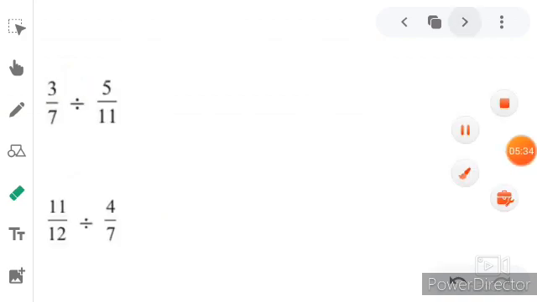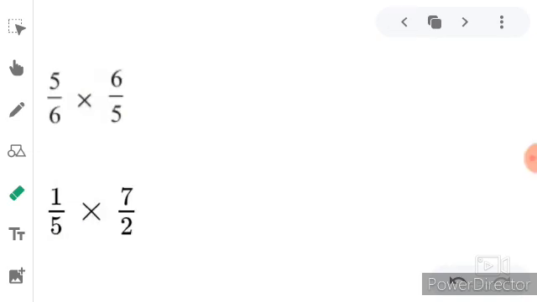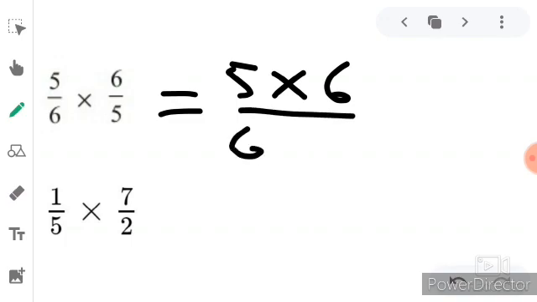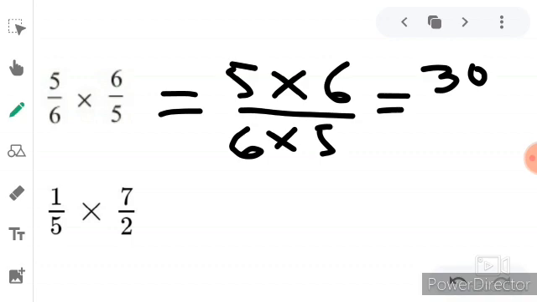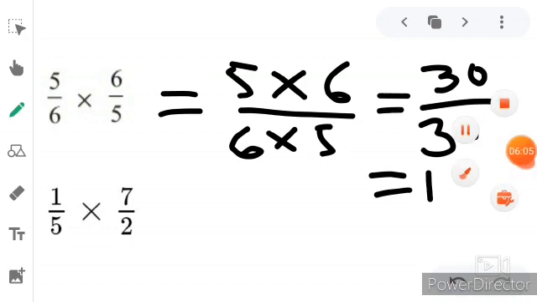Now the next one is multiplication. Here we can multiply numerator by numerator and denominator by denominator easily. Here 5 multiplied by 6 upon 6 multiplied by 5: 5 6s are 30, 6 5s are 30, which is equal to 1.